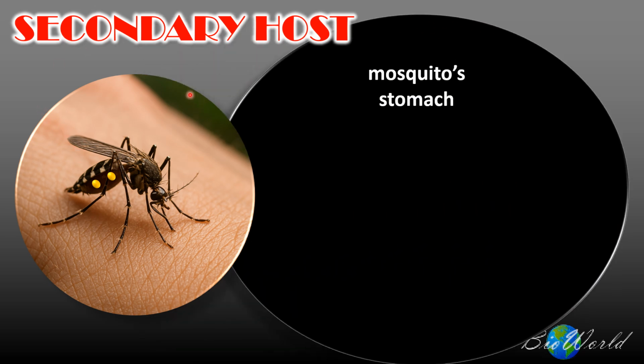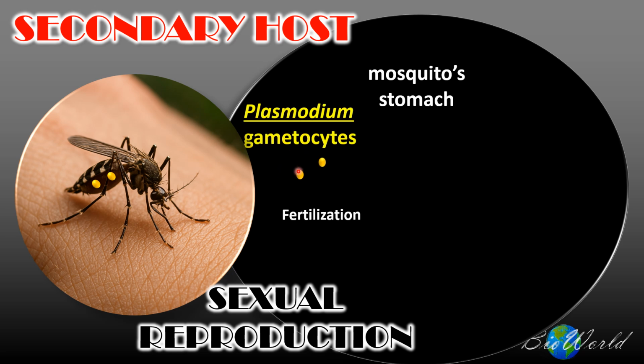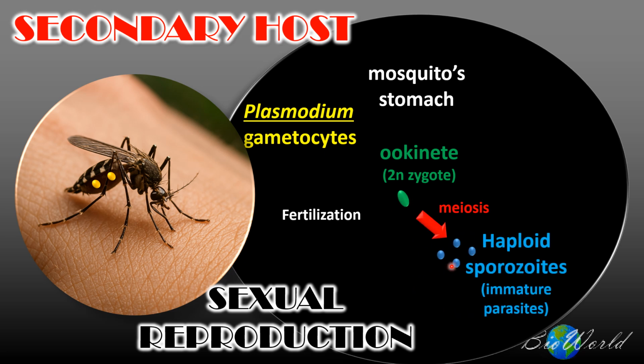Now, what happens in the mosquito's stomach is that these gametocytes, there will be a male and a female, will carry out sexual reproduction to form a zygote. This zygote is called an ookinete. It is diploid. But this ookinete then will undergo meiosis to produce haploid cells once again.